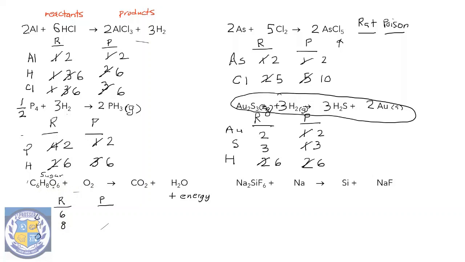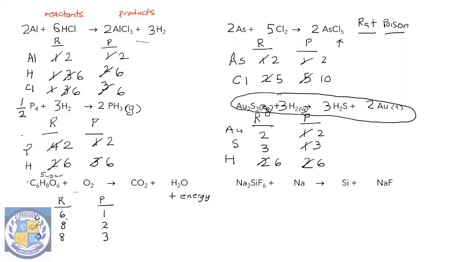We have 6 in the sugar plus the 2 in the oxygen molecule. 6 plus 2 equals 8. On the right, we have 1 carbon, 2 hydrogens, and 3 oxygens: 2 in the carbon dioxide and 1 in the water. None of the atoms are balanced, so where do I start?